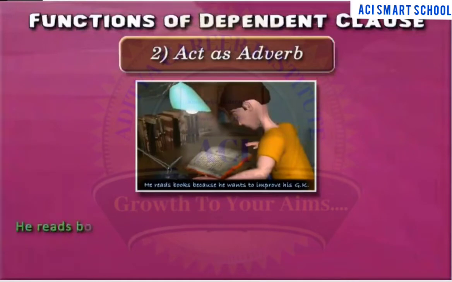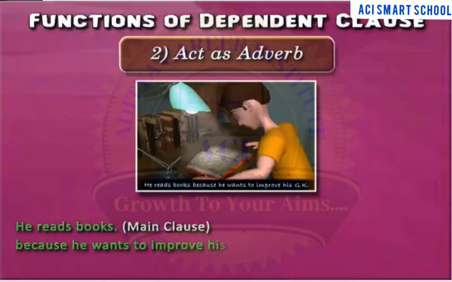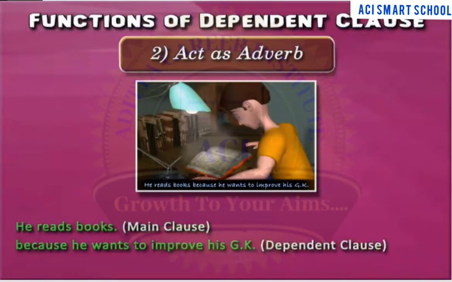He reads books, main clause, because he wants to improve his GK, dependent clause. Here, the dependent clause describes the verb reads. You can ask the question, why does he read books? And get the answer, to improve his GK. Hence, in this sentence, the dependent clause acts as an adverb.